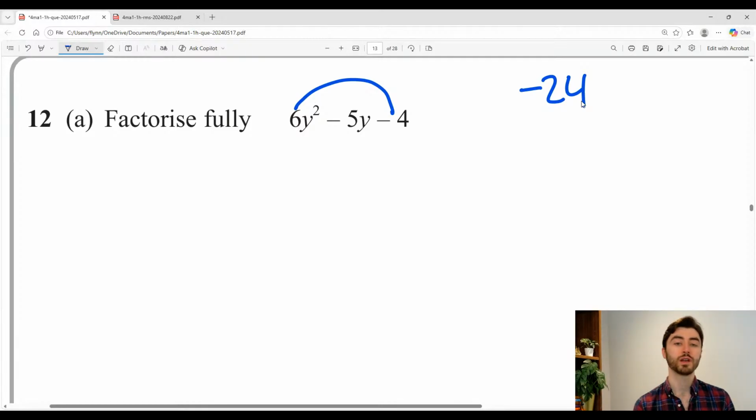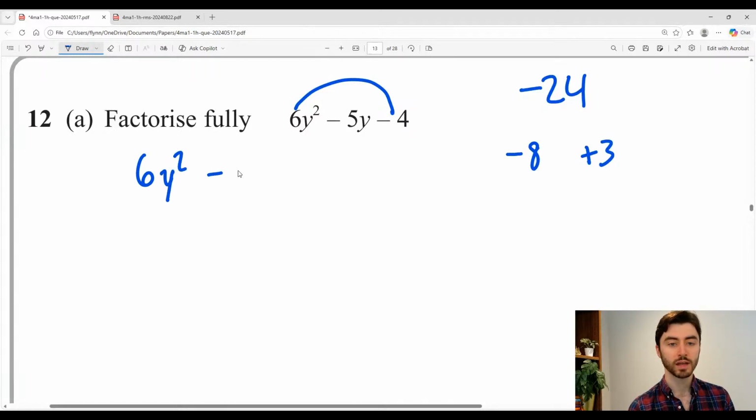So I'm looking for numbers that multiply to minus 24 and that add to minus 5. So that's going to be minus 8 and plus 3. So then I can rewrite my minus 5y as 6y squared minus 8y plus 3y minus 4.